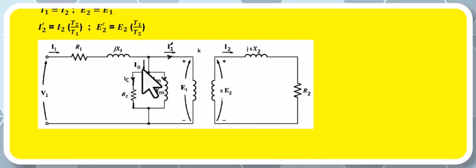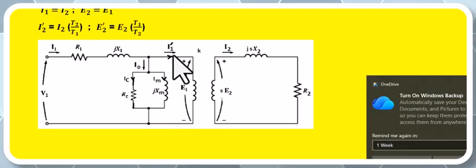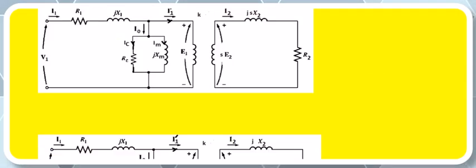I0 is the no load current, IC is the core loss component, IM is the magnetizing component, XM is the magnetizing reactance, and RC is the core loss resistance. I1 dash is the current flowing, and E1 is the induced EMF per phase in the stator winding, and this is the turns ratio called K.